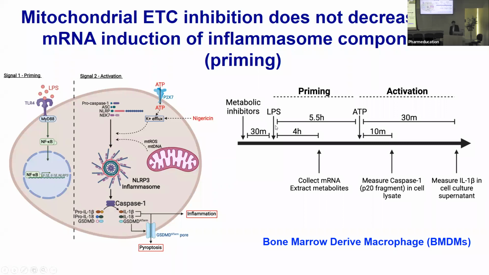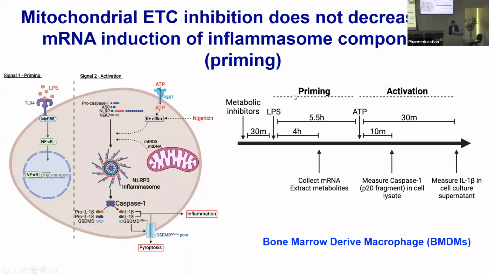So then we gave it prior to LPS, and then we started to see effects, and I'll show you. All the inhibitors are given here. One of the first things we noticed, and I'm not going to show you, is that these are short time points, right? Sometimes people use long 24, 48 hour time points with these metabolic inhibitors. These are relatively short, a couple of hours. We didn't see any changes in the inflammasome components.